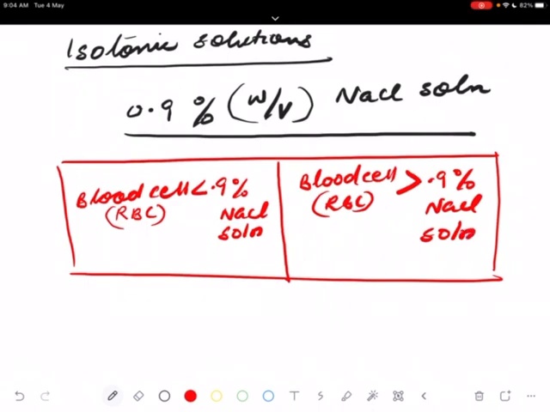What will happen in the first case? In the first case, this side is having higher concentration. So, solvent from RBC will be moving to this. So, what happens? The blood cell shrinks and collapses.